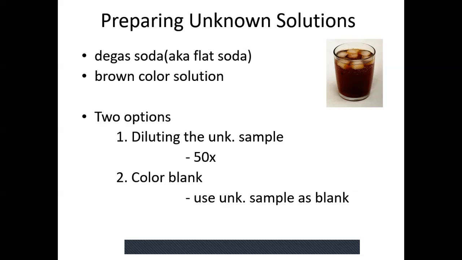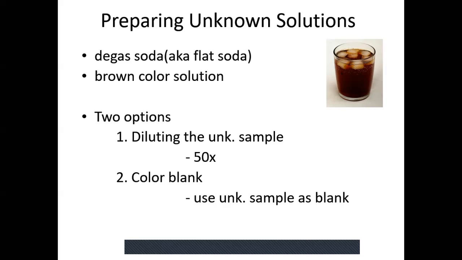Secondly, the caramel color means it's already going to absorb some at the lambda max. Since it's already a brown color, when you put it in the UV vis spectrometer, it's going to absorb some in that 400 nanometers. So we've got to do two things to get rid of that effect of that absorbance.